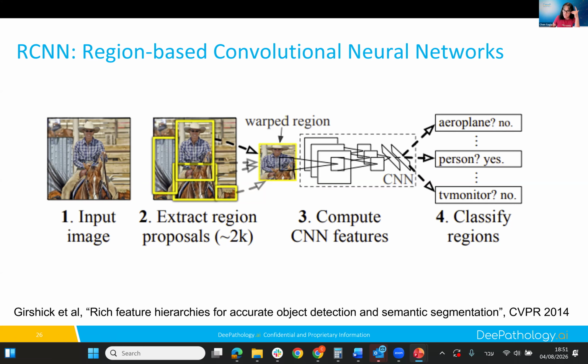So you are proposing the different regions to be analyzed. And then you have to warp each region so that it fits into the input parameters of your neural network. And the classification problem we know to solve. So we extract regions, each region we classify. That's it. When we know that in this region, there is a high probability for it to have a specific object, then we can label this region of interest, we can give it a classification, and our work is done.